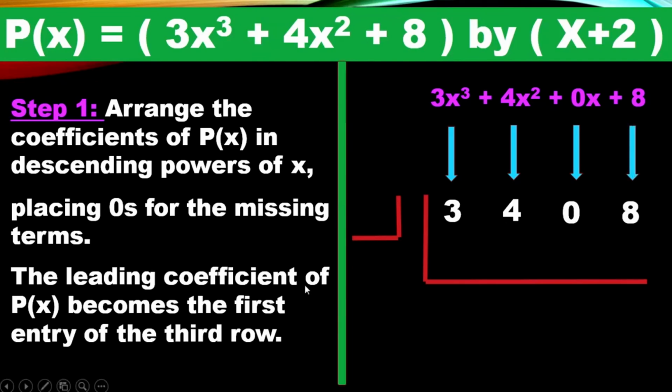So, the next one is the leading coefficient of the polynomial p of x becomes the first entry of the third row. Therefore, we have 3x cubed as the first term or the leading term. Then, we are going to write 3, the coefficient 3.